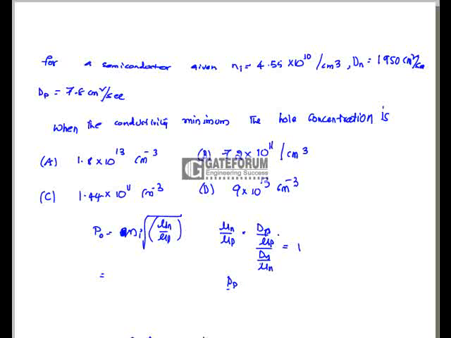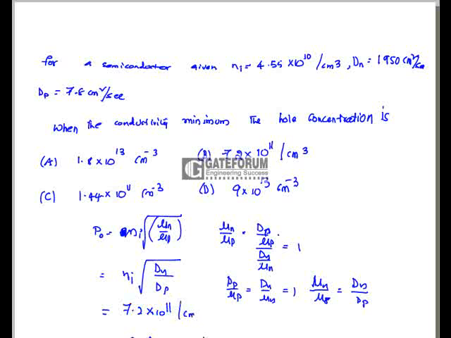So dp by mu p is equals to dn by mu n. From this, mu n by mu p is equals to dn by dp. So Ni under root dn by dp. If we substitute, we will get this as 7.2 into 10 power 11 per centimeter cube. Here D by mu is nothing but Vt. So option B is correct.